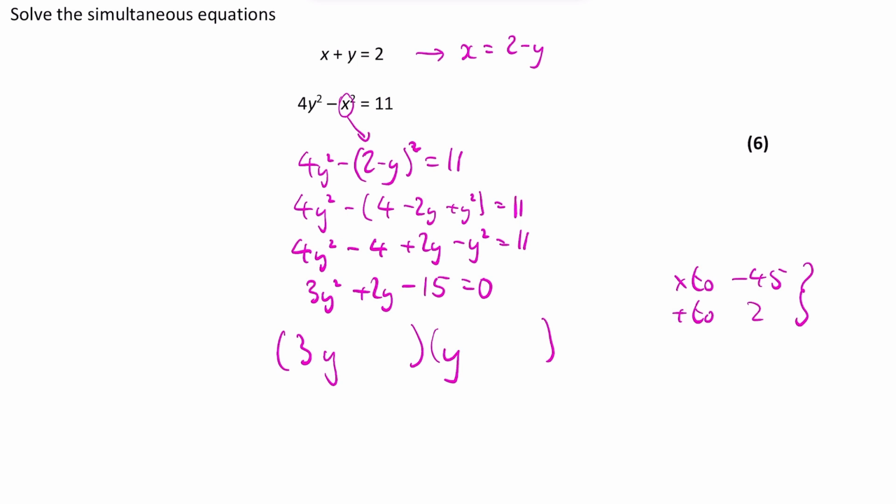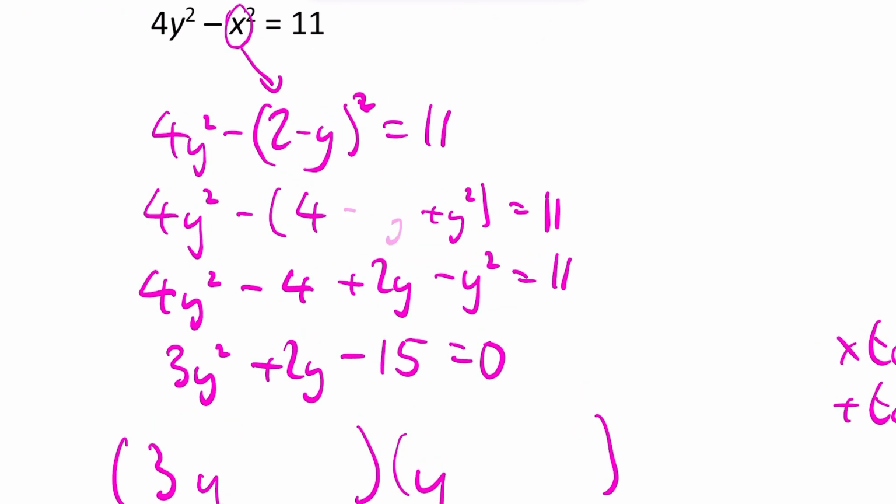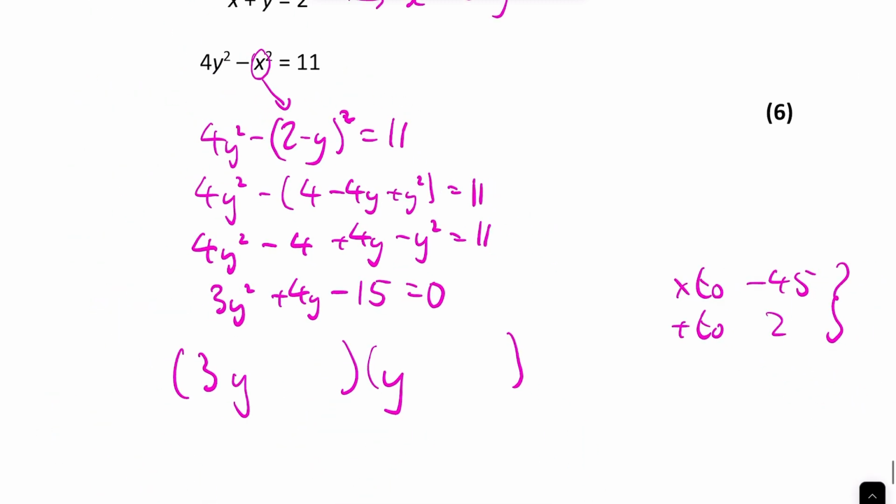We might have to get a third answer. Unless I've made any mistakes. Yes, I have. Right, so back here, minus 4y. Okay, so times to minus 45 and add to 4, which is to do with 9 and minus 5.